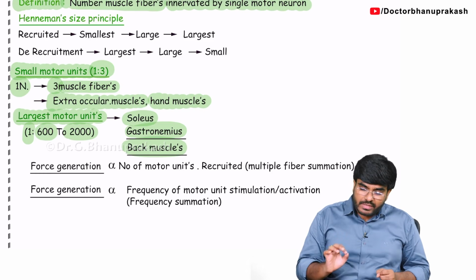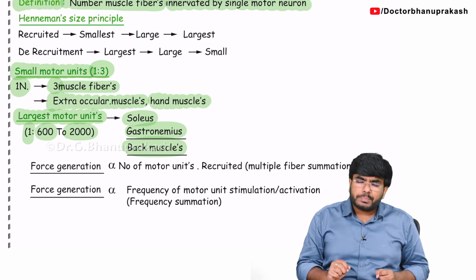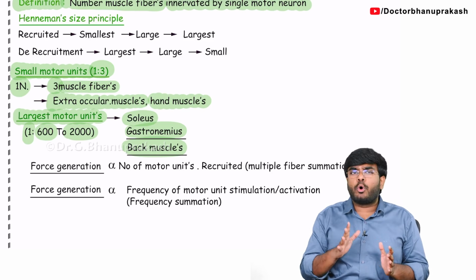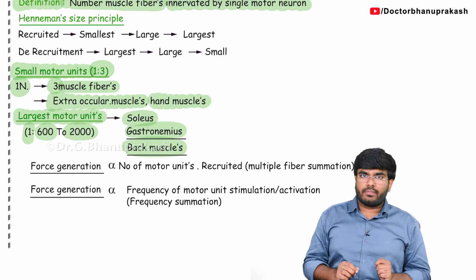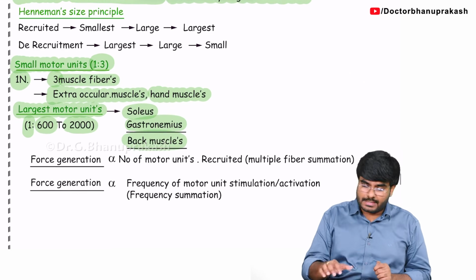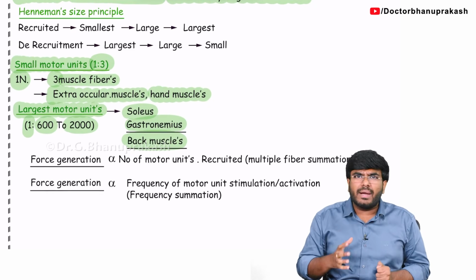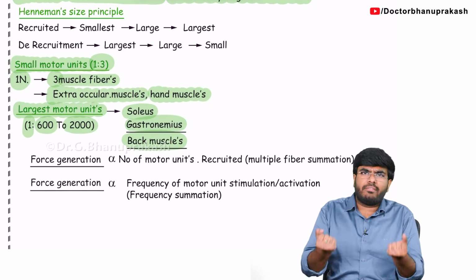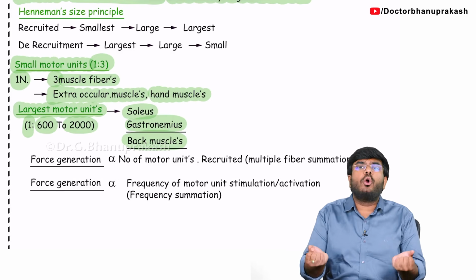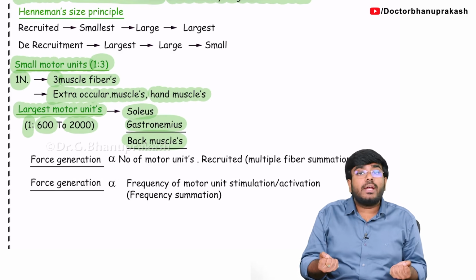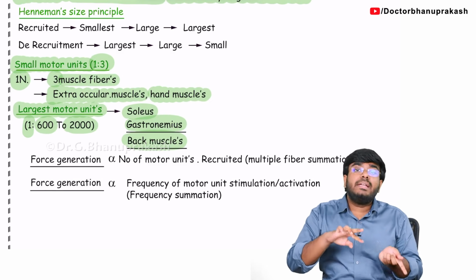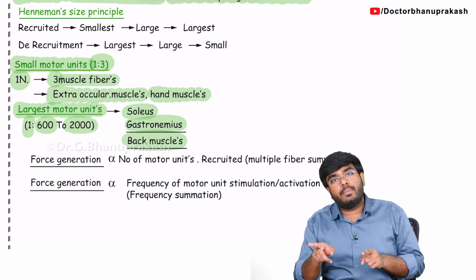So always remember, in the beginning, it is the smaller motor units that are required whenever you want to perform a task. For example, even lifting weights, first when you try to hold the weight, the small motor units are recruited, but the force is not enough. Later a larger motor unit will be recruited.